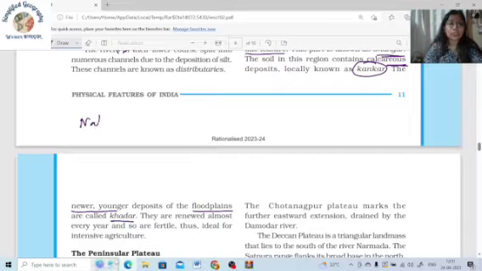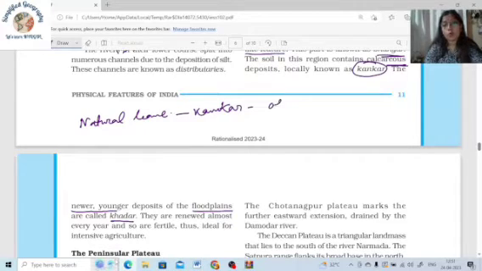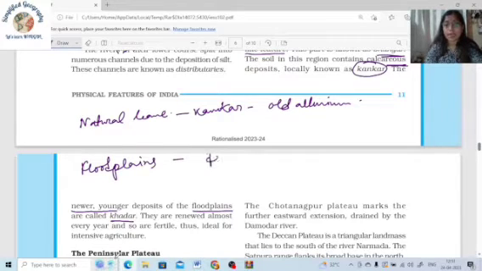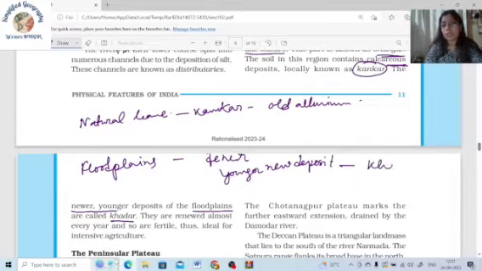So in the natural levee we find kankar or old alluvium, and in the floodplains where agriculture is mostly done, we find finer particles or younger new deposits, which are Khadar.